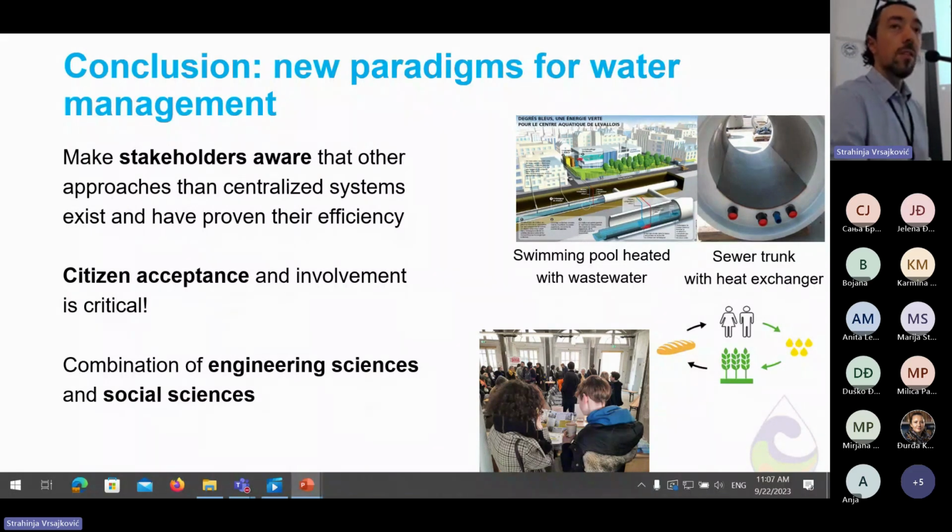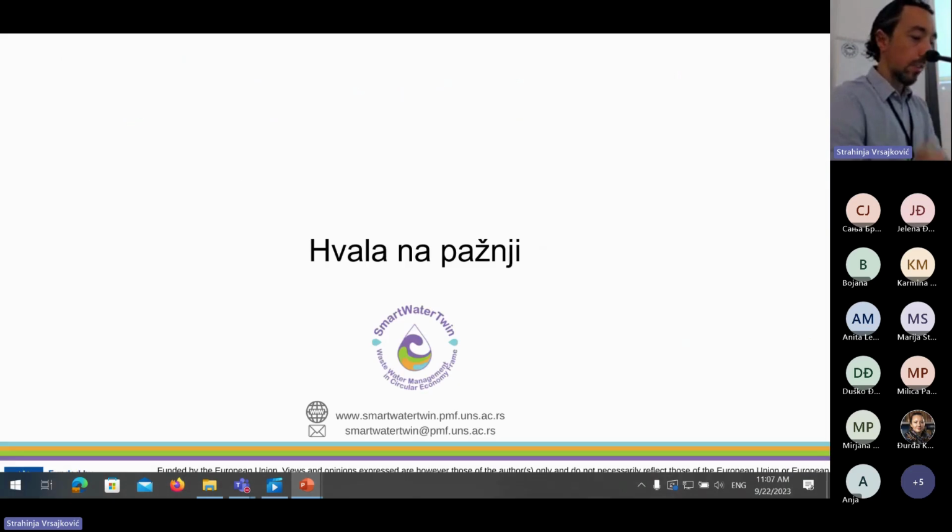And also citizen acceptance and involvement is very critical, because many people are not used to, or are still reluctant, to use their urine for food production, so we have to work with them so they accept this. So in the end, we work a lot with a combination of engineering sciences and social sciences too. And with that, we would like to thank you for your attention.